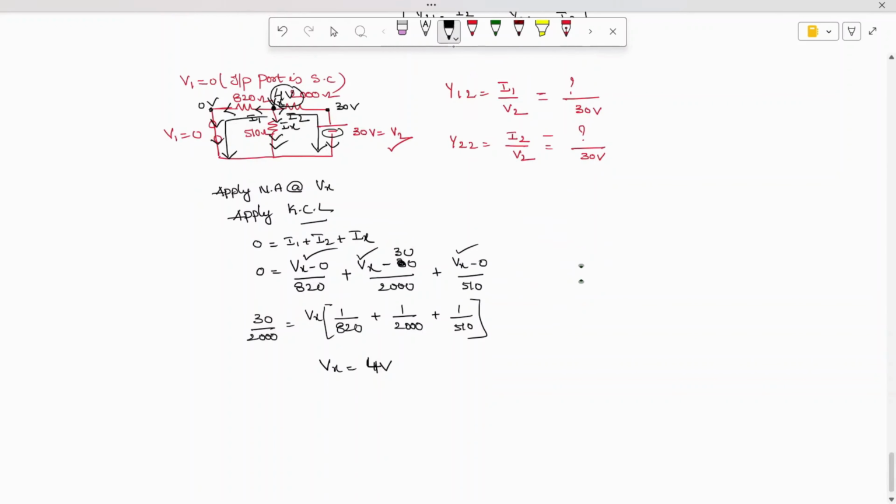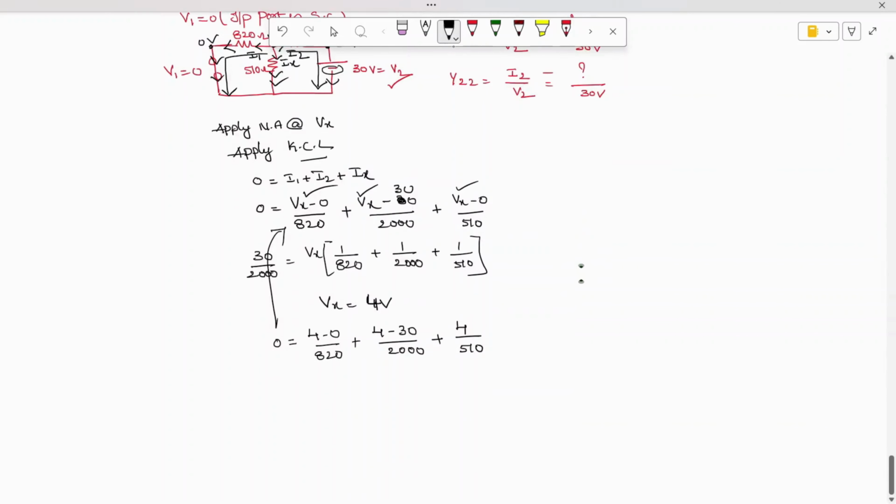Just substitute this in the above equation. So 0 is equal to (4 minus 0) divided by 820, plus (4 minus 30) divided by 2000, plus, with the value of Vx, 4 divided by 510.